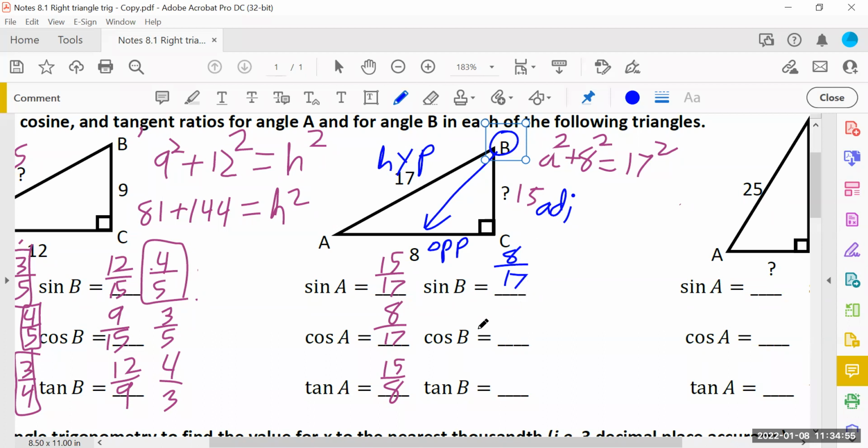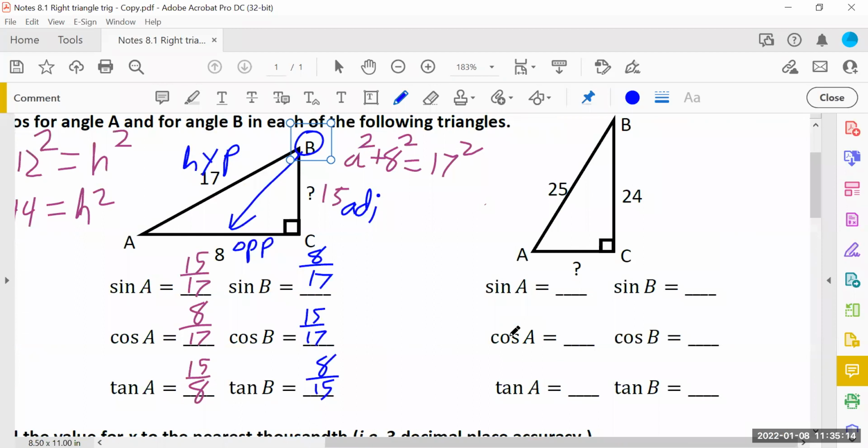So 8 over 17 for the sine, cosine, adjacent 15 over 17, and tangent is going to be opposite 8 over adjacent 15. There's our three values for angle B.